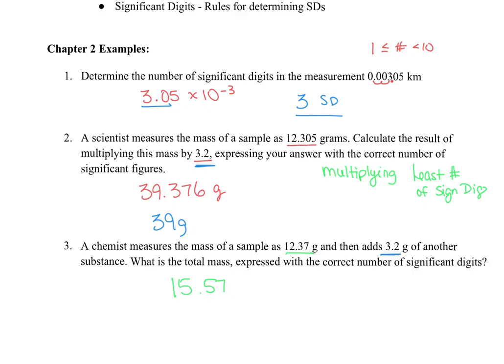However, I'm going to use 1 decimal place here because that is the least precise measurement that I had. So I am going to say 15.6 grams there. Least precise when it's adding and subtracting. You are using least precise, not your significant digits per se, when you're adding and subtracting. Least precise.